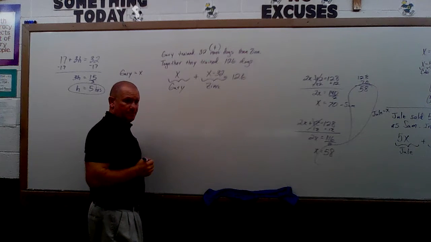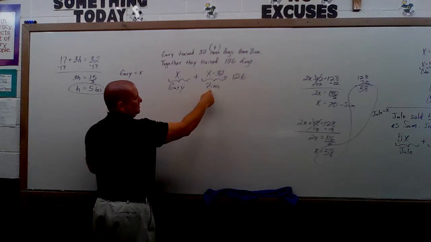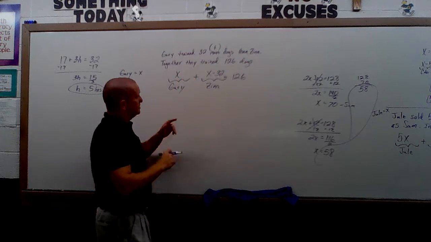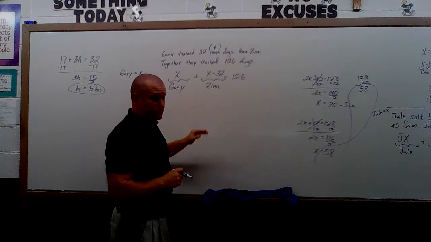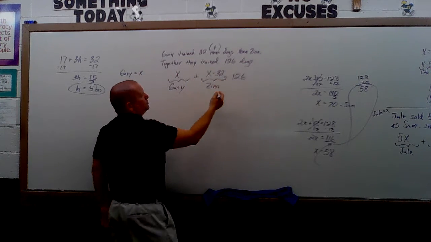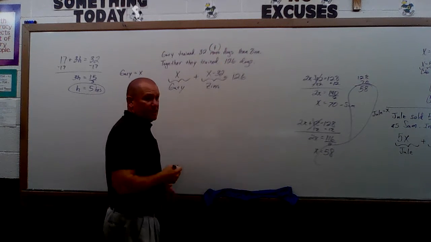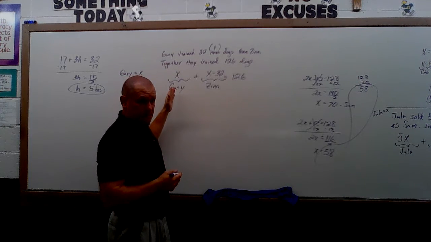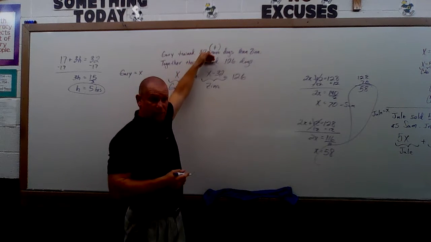Does that make sense? So if you said X was Zena, then you would have had X plus 32 because he was more than Zena. So that's maybe where you're getting confused. Sometimes, even though the descriptive word was plus, if you set it up where the person was actually the opposite, then you've got to change the descriptive word.